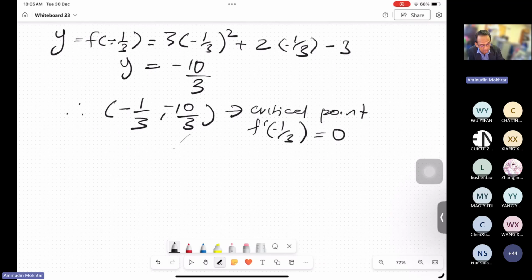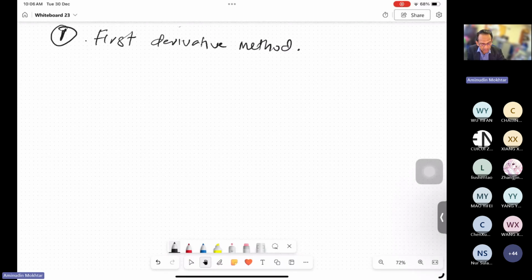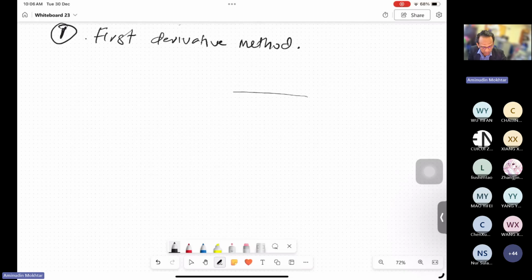The first method is called the first derivative method. Let's say we draw one line here.